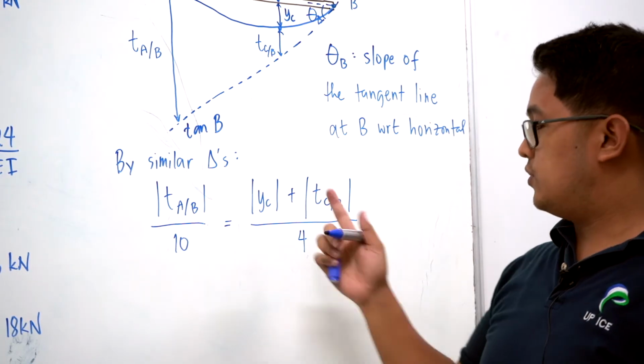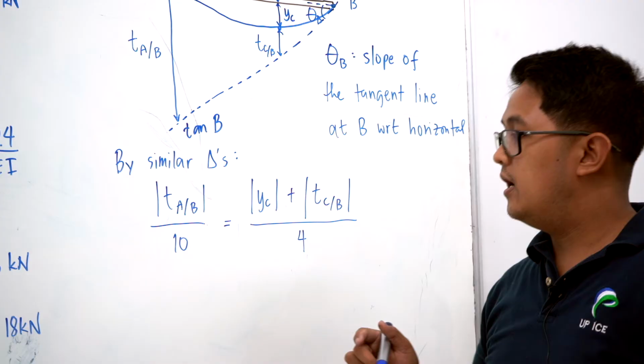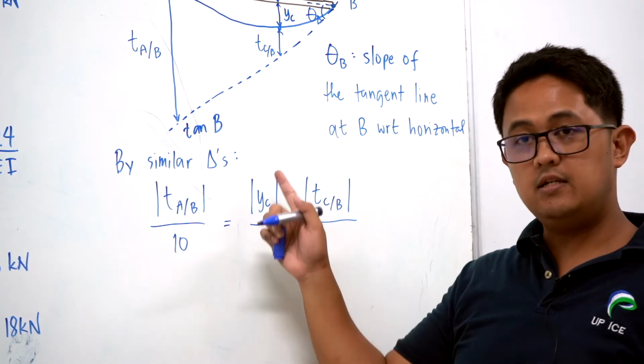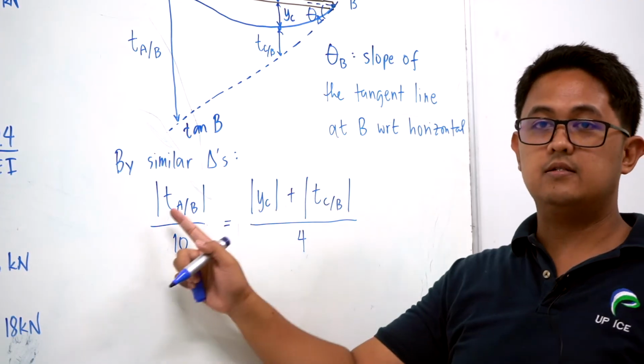So to solve for the deflection at C, we need these two parameters here.